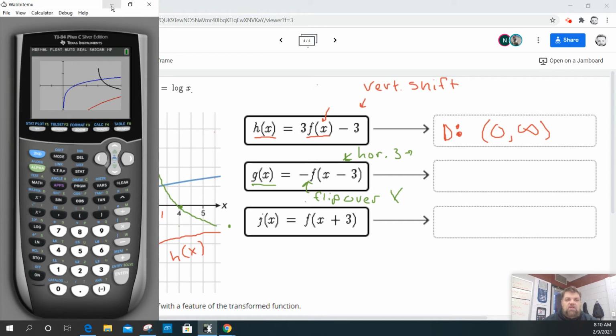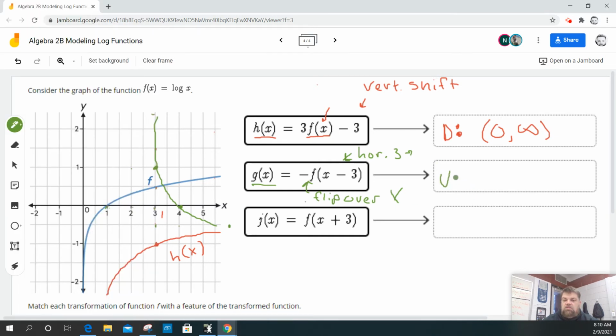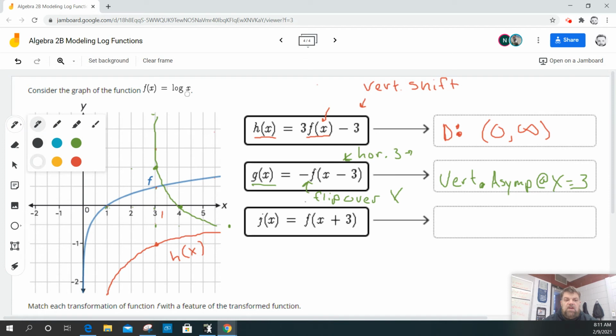So anyways, how I have it drawn is right. So one of the characteristics of that is that it has a vertical asymptote at x equals 3. It's never going to cross this x equals 3 line. Never. Ever, ever, ever. Okay?